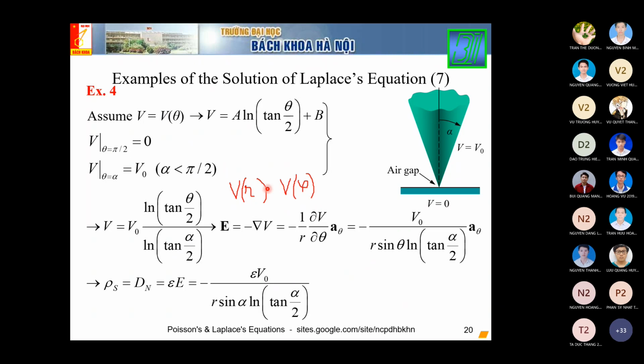I want you to choose this one or this one to find the solution of the Laplace equation. Okay? All right, go ahead. Off you go, 6 minutes. Understand the question? Based on your assumption, you have to find the solution of V.